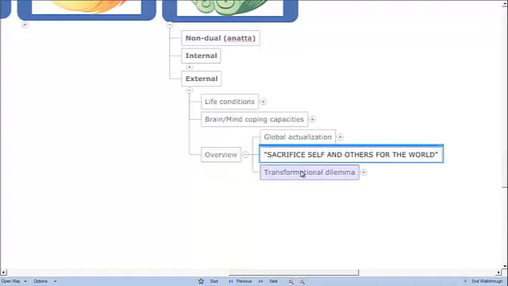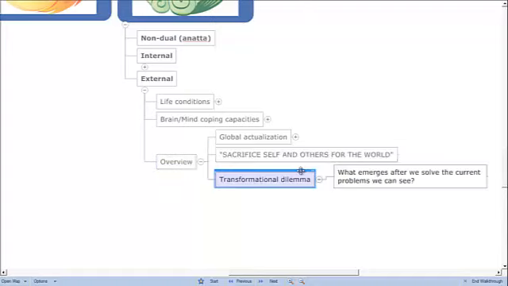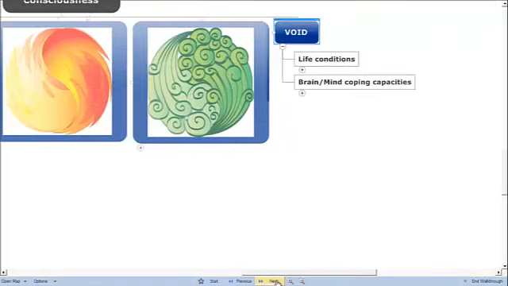So the transformational dilemma at Air External is what emerges after we solve the current problems which we can see. And that's really all that we can see at this point. That's as far as the map of consciousness goes. After Air External, we've got void.